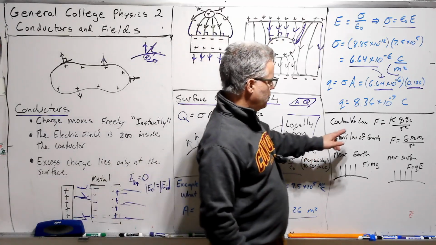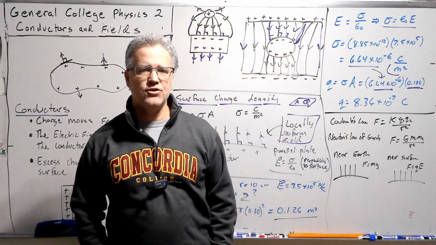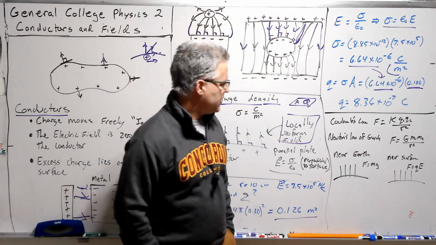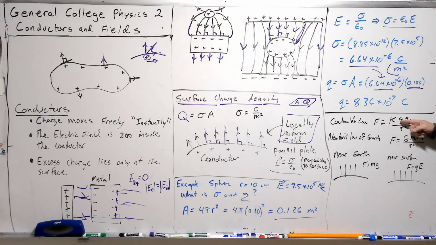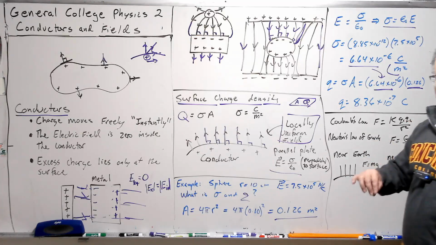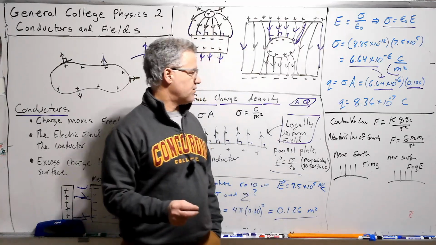Now I just want to show the parallelism between Coulomb's law and Newton's law of gravity. So if we look at the mathematical structure here, they're very similar. The only difference is we have Coulomb's constant versus the gravitational constant. And then we have charges versus masses. Now charges can take on a plus charge and a minus charge, so we can have a repulsive force or an attractive force for Coulomb.